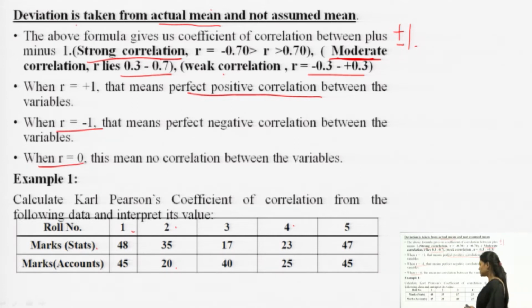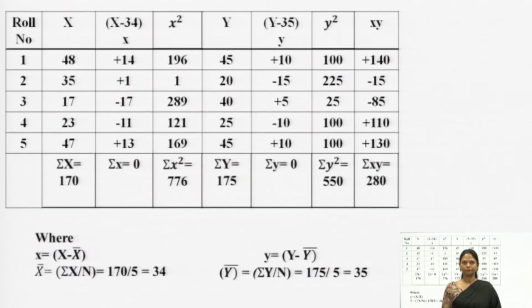Now, from this we can see a student who is scoring 48 marks in statistics also scores 45 marks in accounts, whereas there is one student who scores 17 marks in statistics and scores 40 marks in accounts. So, there is a positive correlation, both have increased. But what about the whole class? How have they performed, that we will find out with the help of the formula which we will study.